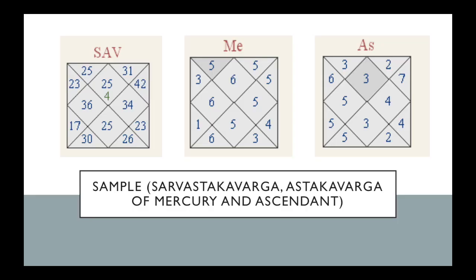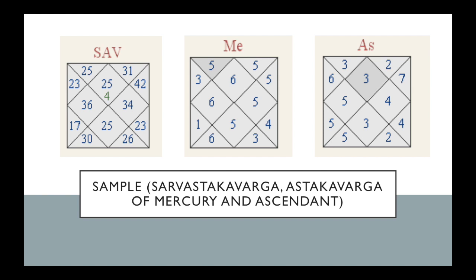Now, this is an example. The first image is that of Sarvastakavarga. The second and the third image are the Vinastakavarga of Mercury and the Vinastakavarga of the ascendant. Now, what is Vinastakavarga?